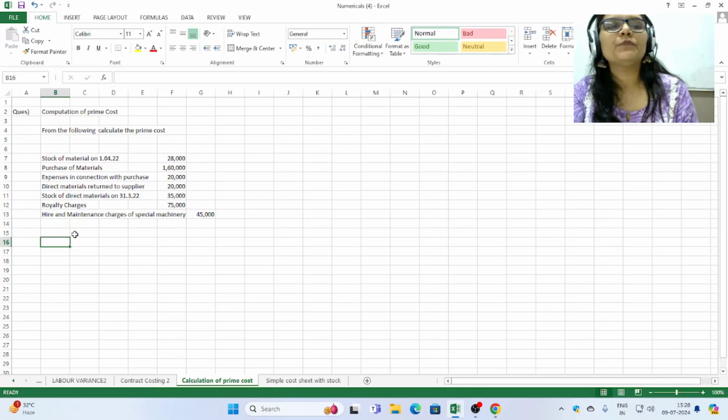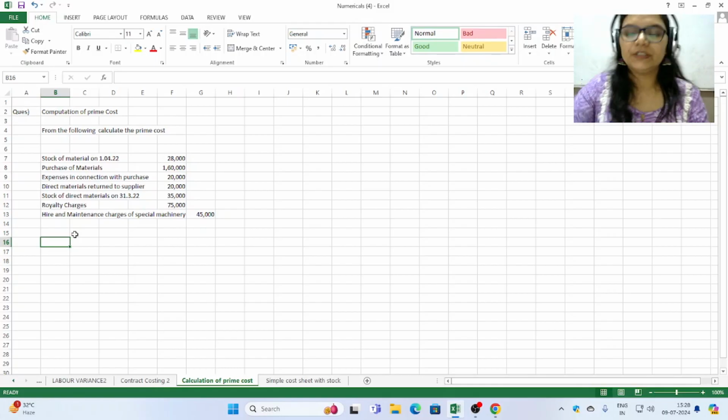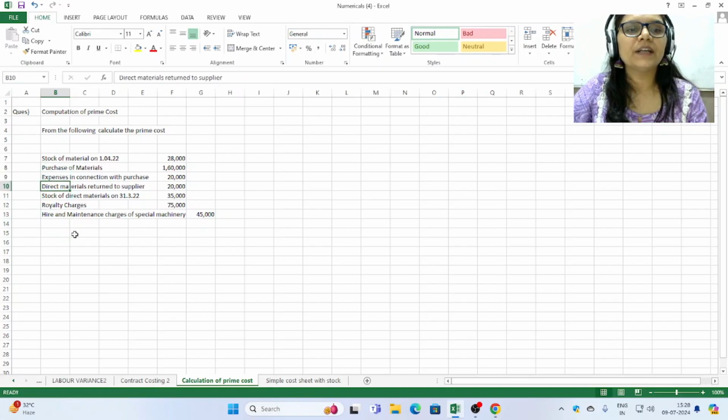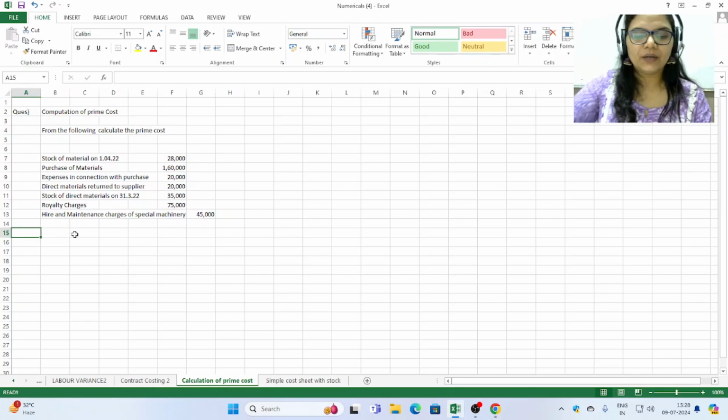Computation of prime cost. From the following, calculate the prime cost. Stock of material on 1st April 2022, purchase of material, expenses in connection with purchase, direct material return to supplier, stock of direct material on 31st March 2022, royalty charges, hire and maintenance charges. Now, we will first find out the solution.